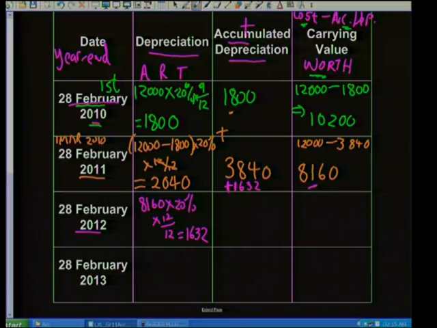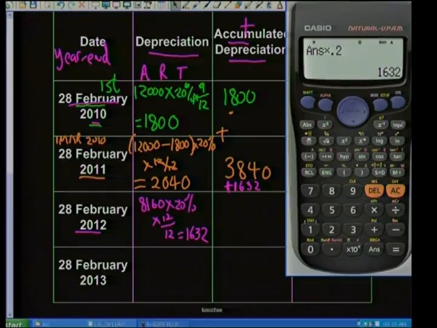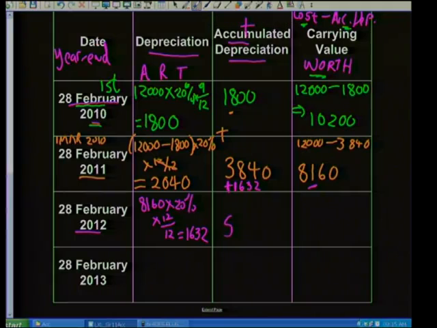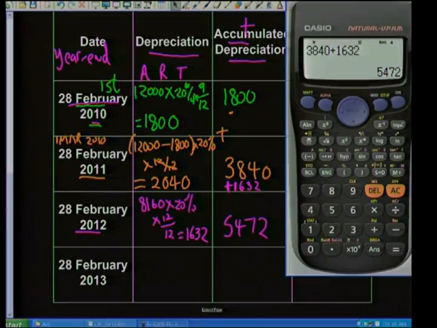My new accumulated depreciation is simply going to be 3,840, add on 1,632 to give me 5,472. Okay, so let's write that down. 5,472 is my new accumulated depreciation.